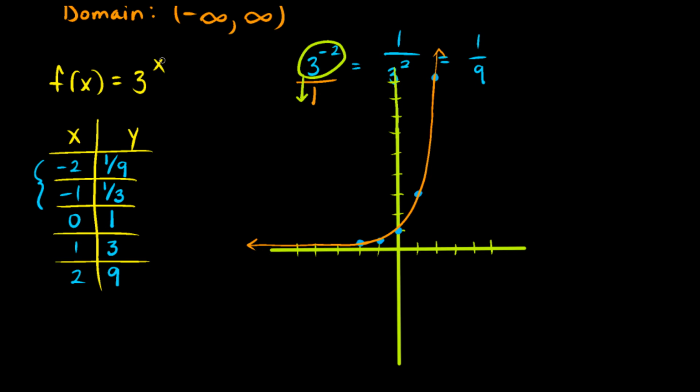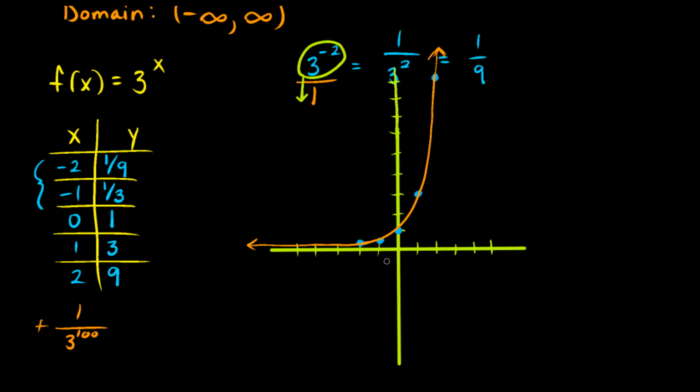For example, 3 to the negative 100 power would end up being 1 over 3 to the 100th power, which is an enormous number down here, and this would result in a number that is extremely close to 0, but it's still positive. So it's just above the x-axis. And over here, because it's exponential growth, it increases at a really, really rapid rate. So that would be an example of this graph.